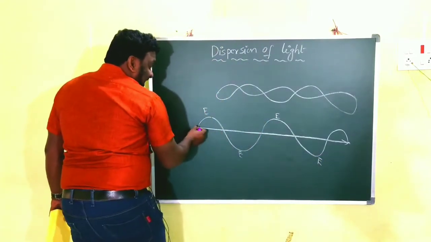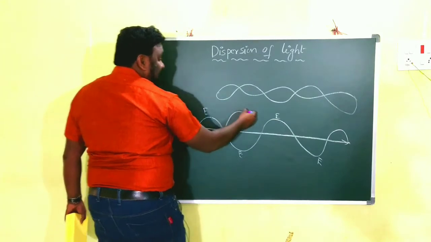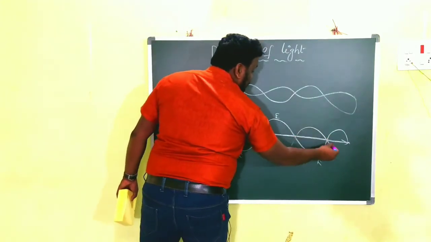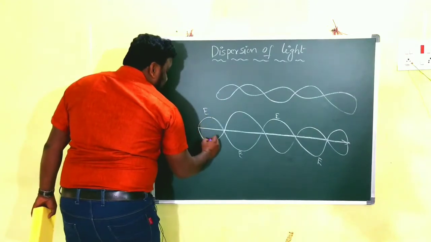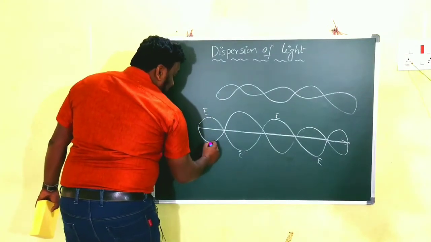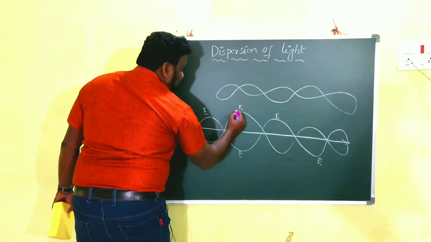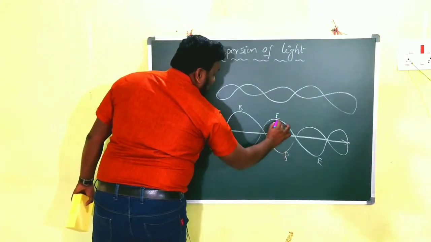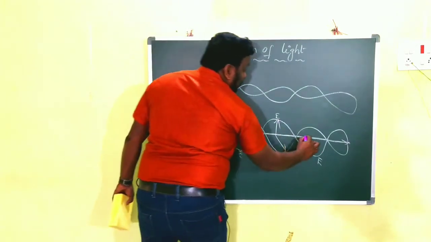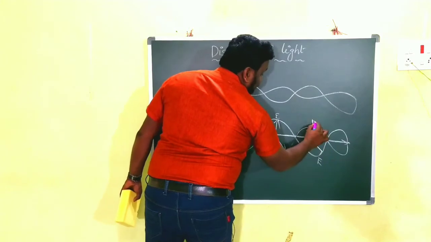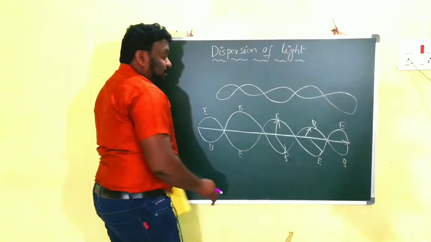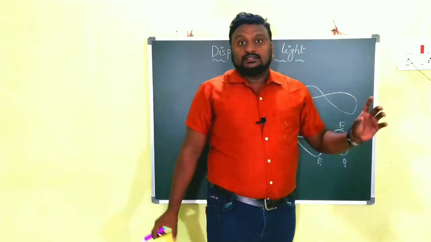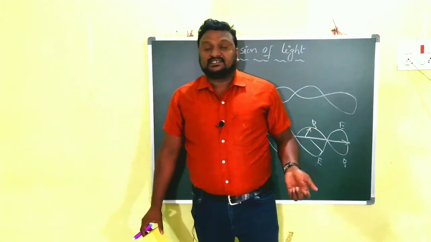And there is another vector, the magnetic field vector. The electric field vectors and magnetic field vectors are perpendicular to each other. Due to that, the light spreads in all directions.